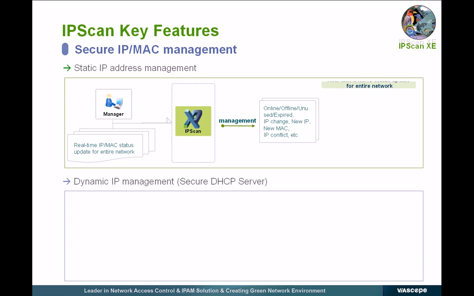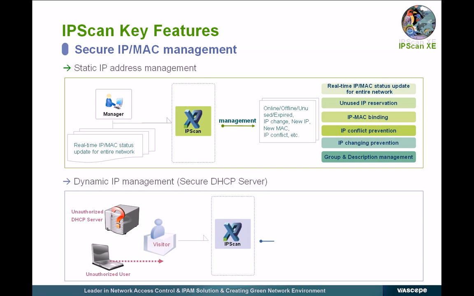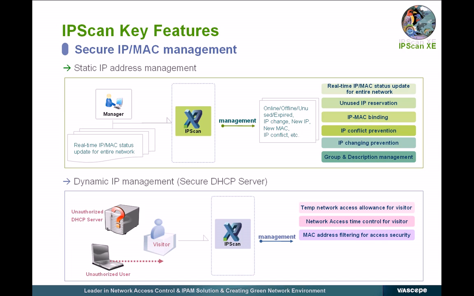For the static IP management, real-time IP or MAC status update for entire network, unused IP reservation, IP or MAC binding, IP conflict prevention, IP changing prevention, group and description management functions are provided, while for the DHCP IP management, temp network access allowance for visitor, network access time control for visitor, MAC address filtering for access security, static IP address control in DHCP pool, and unknown DHCP server detection functions are available.